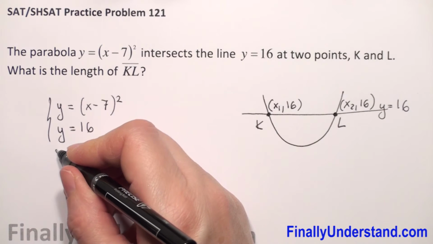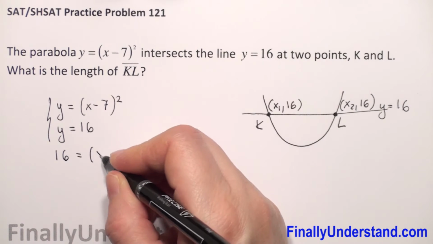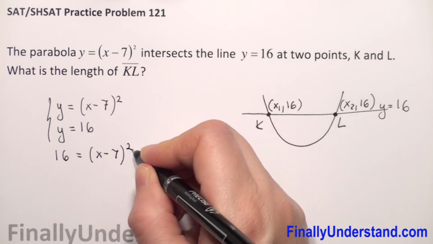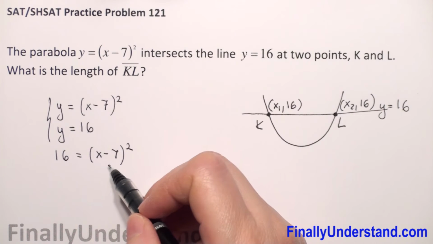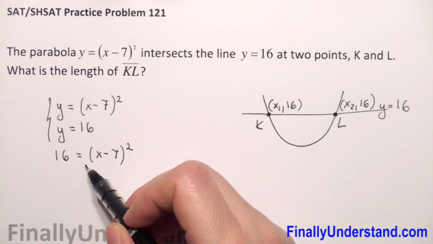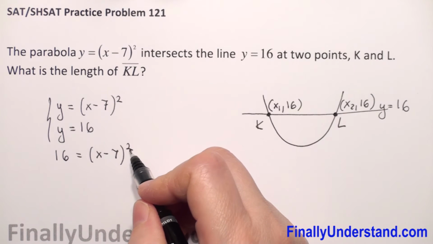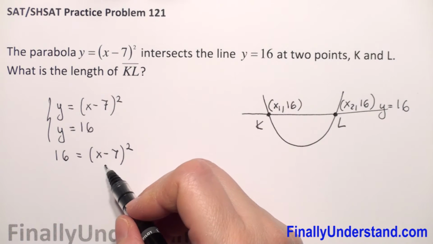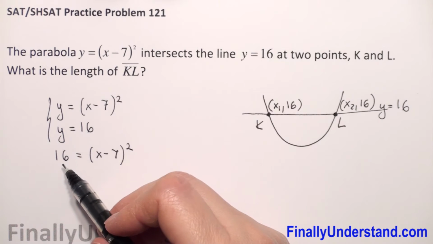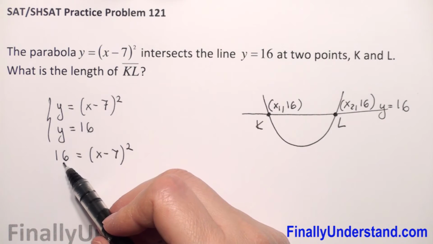So we have 16 is equal to (x minus 7) to the second power. Which number raised to the second power gives me 16? It can be positive 4 or negative 4.